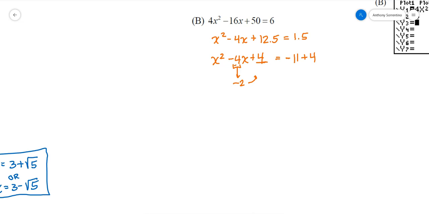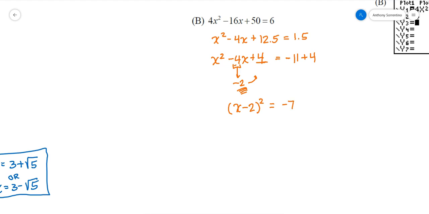And so, this is my b over 2 value right here. With that being said, having the x squared minus 4x plus 4 on this side is the same thing as having x minus 2 squared. And that equals negative 11 plus 4, which is negative 7.